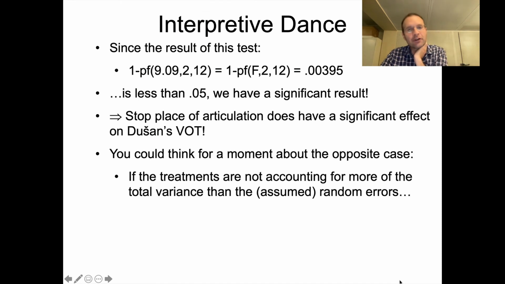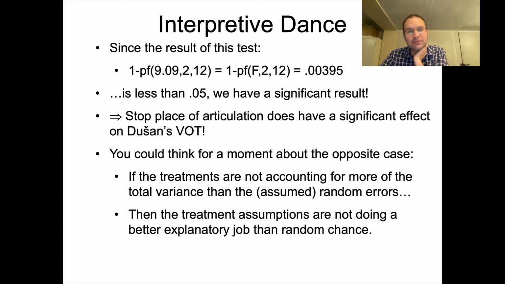You can think for a moment about what the case would be if this were the opposite result. If the treatments were not accounting for more of the total variance than the assumed random errors, then the treatment assumptions are not doing a better explanatory job than random chance. In that case, you'd have variances which look fairly equal to each other, or a pretty small F value, right? Something closer to 1 or maybe even smaller than that.